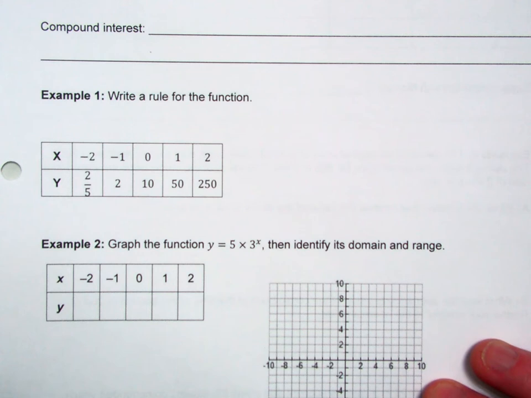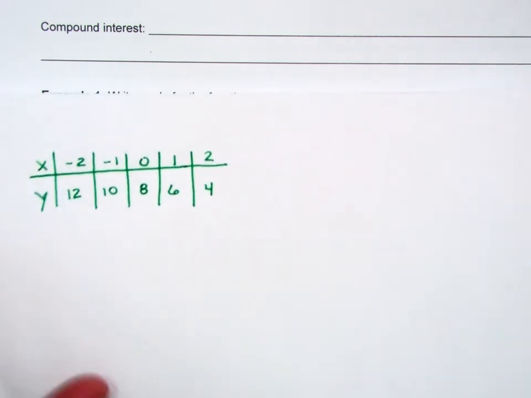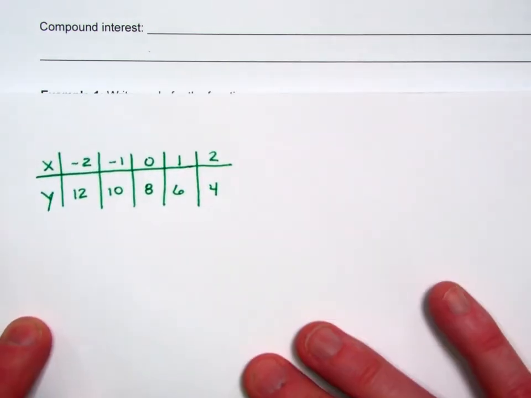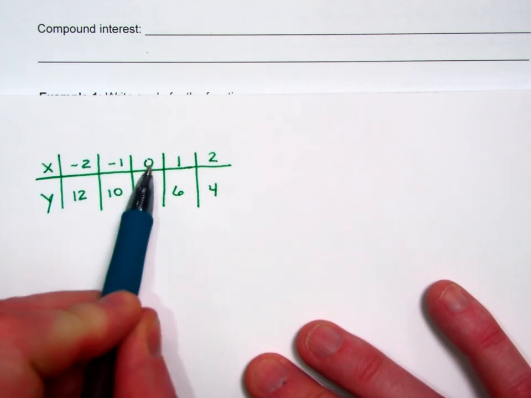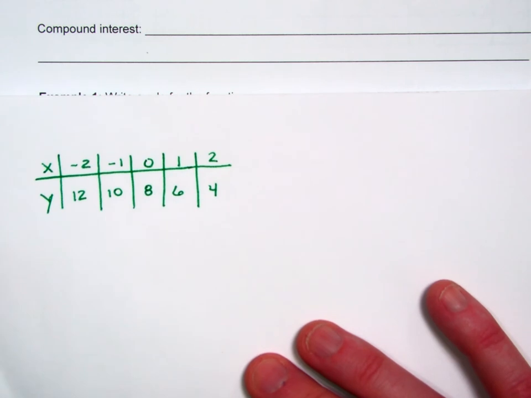Alright? So I'm going to real quickly give you a different table. Okay? This is a problem that I would have given you back in unit number 5, 6, 7, where we were starting to talk about writing equations from tables. And so when we started writing the equation from a table, here's what we did. We checked to make sure that we had a consistent change in our x's.